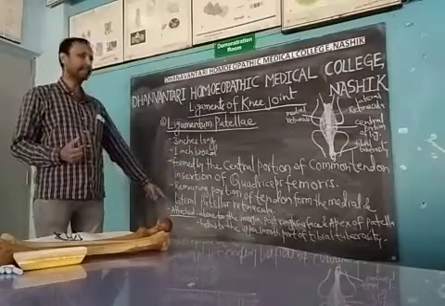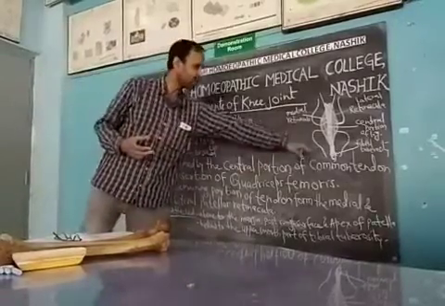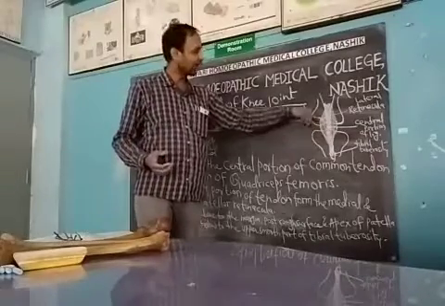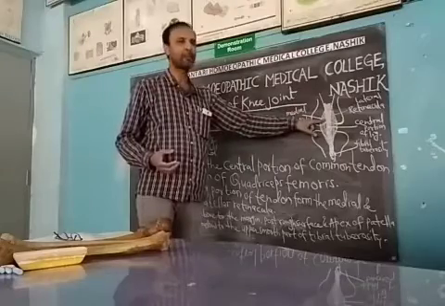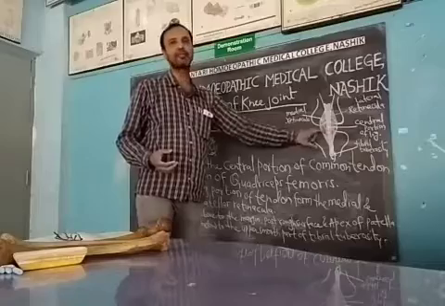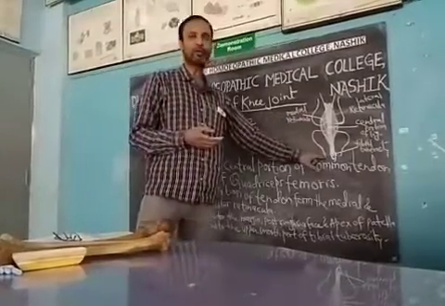Now next we will see its attachment. It is attached in two parts, upper part and lower part. Above, it is attached to the margin, the rough posterior surface, and the apex of the patella. So three things. The upper part is attached to the patella and the lower part to the tibial tuberosity.